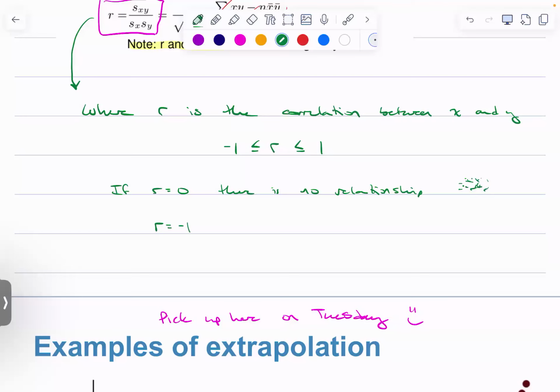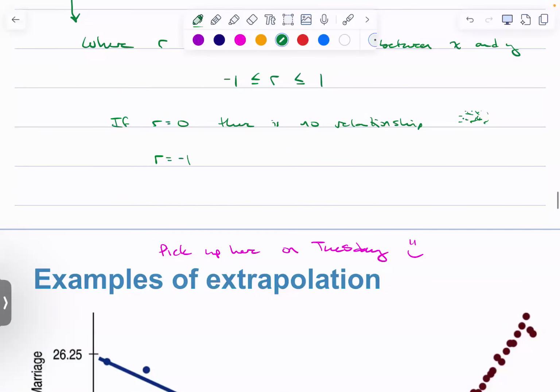If R is -1, there is a perfect negative relationship. Which would look like this, all the points on the exact same line. Of course, moving from no relationship, so a correlation of 0, down to a correlation of -1, right?